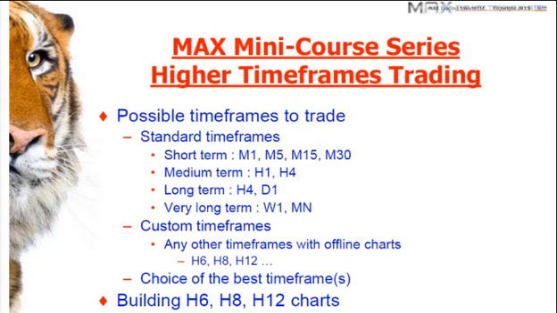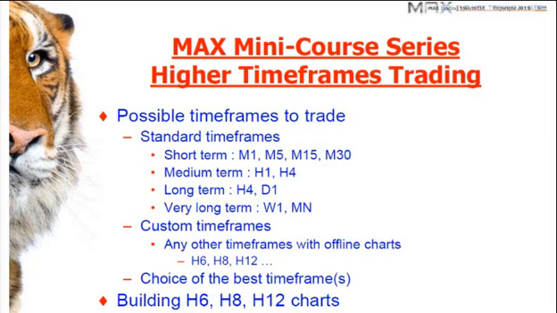And then we have the medium term, H1 and H4. H4 is very often at the limit between what we can consider medium term and long term. And in the long term, we will also include the daily time frame, and for the very long term, we will consider weekly and monthly time frame.